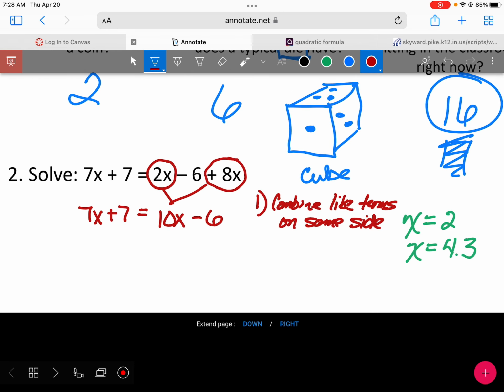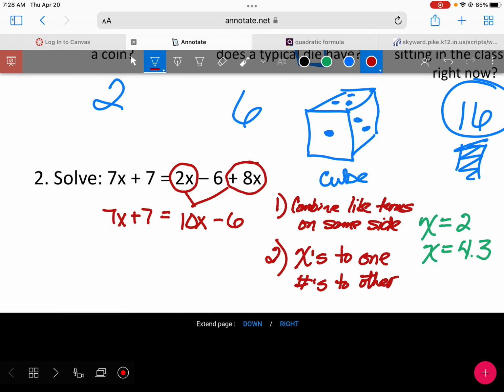Okay, so now, second, I need to move x's to one side, and I need to move numbers to the other side. Okay, and we need to do that mathematically. So the smaller of the x's, I need to move this 7x to the other side.